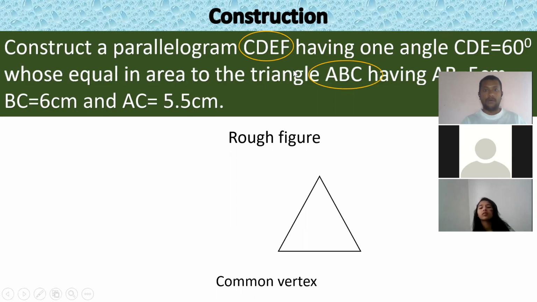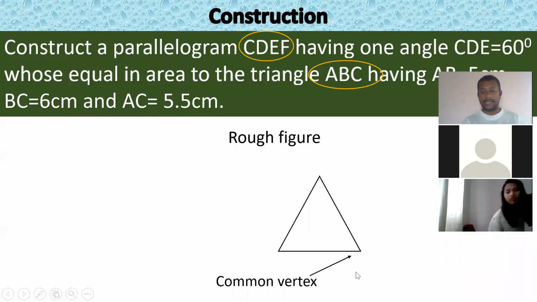Only one is the common vertex between these two. So C is the common vertex, and we need to keep the common vertex in the bottom part. We can choose either left or right. So I have chosen the right side, right bottom.